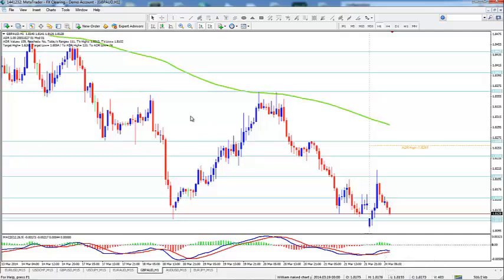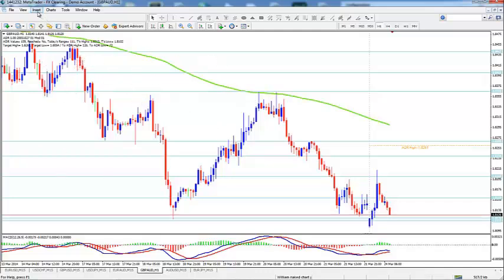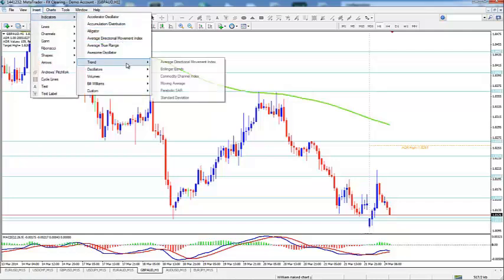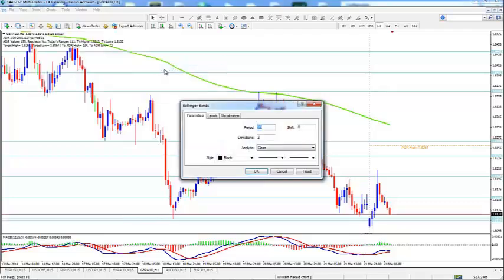So what I'd like to do is show you how we put Bollinger Bands into our charts. Very, very simple. You have your chart up on the MT4 platform. So you go to Insert, go to Indicators, come down to Trend, and hit on Bollinger Bands. Once you hit on Bollinger Bands, you can make this any color you want.